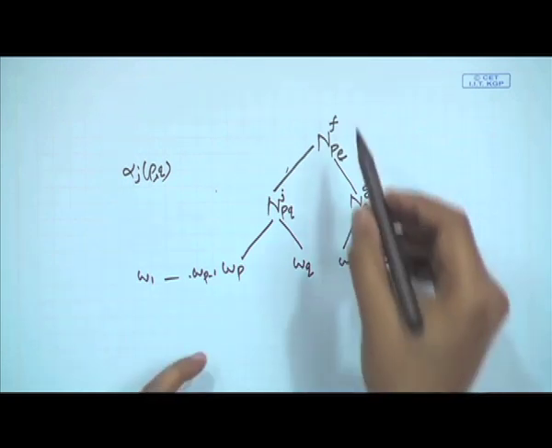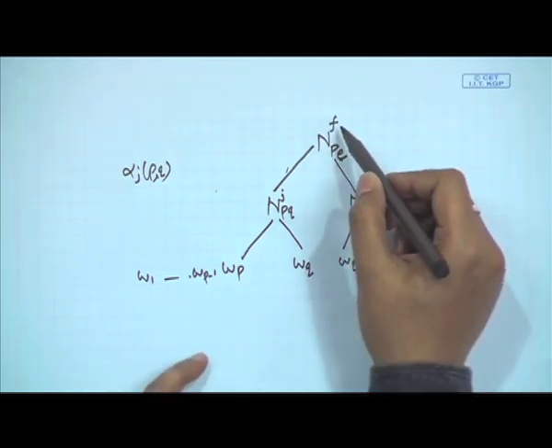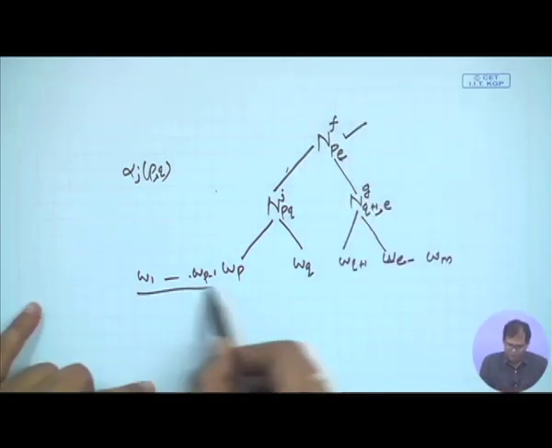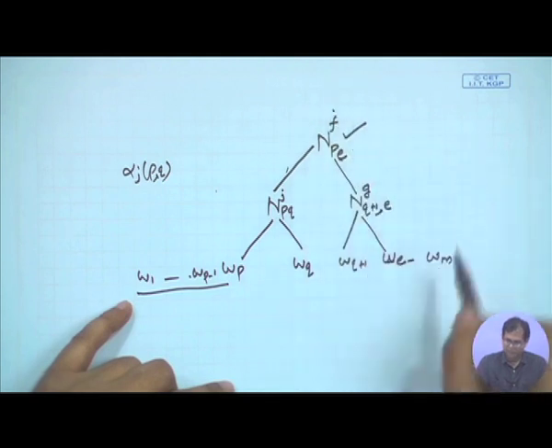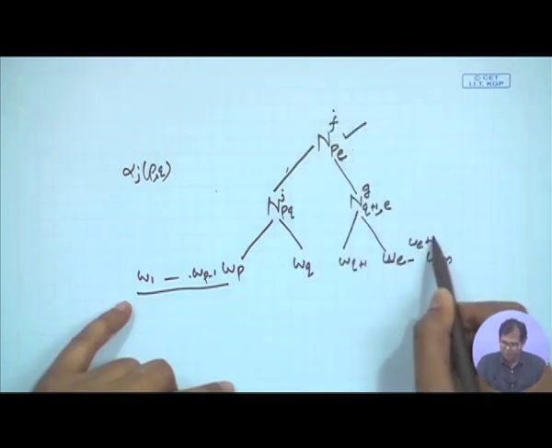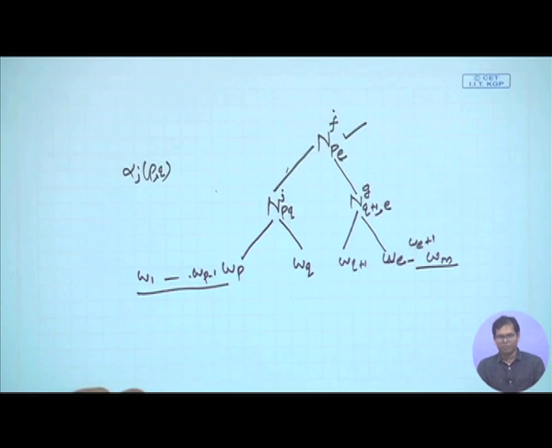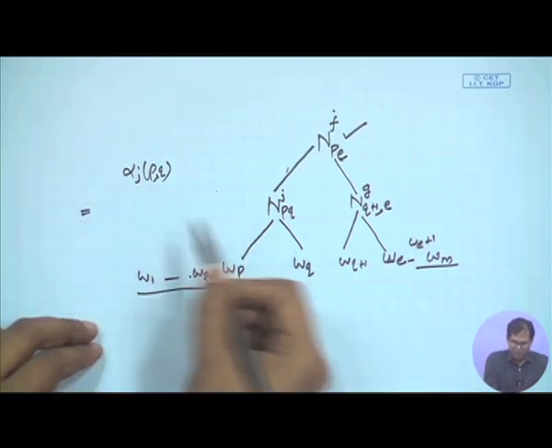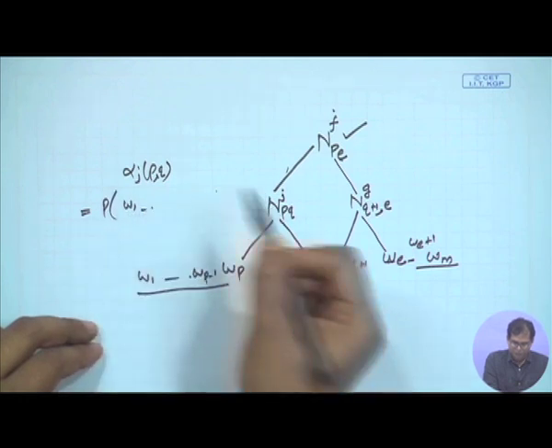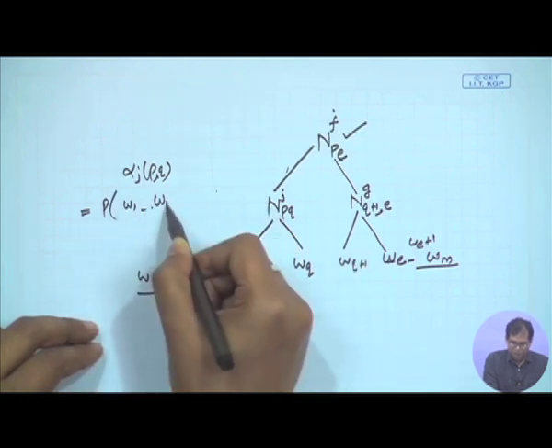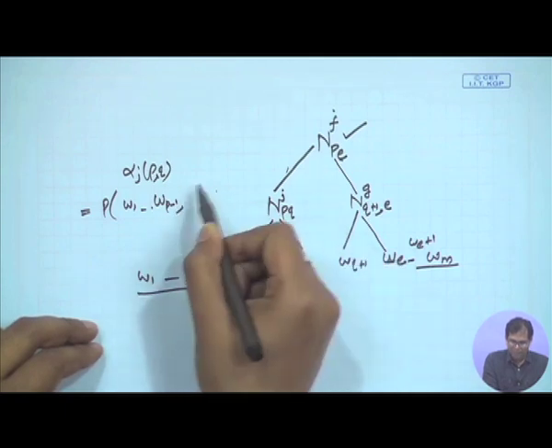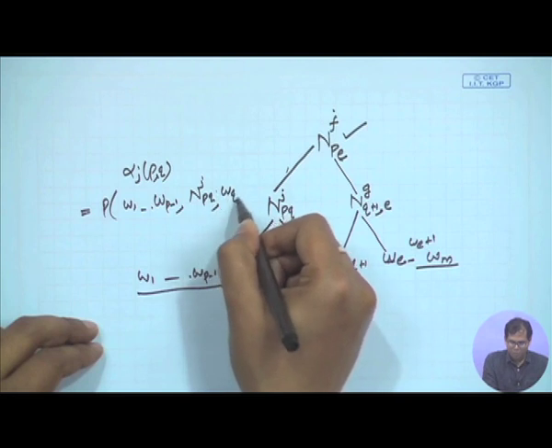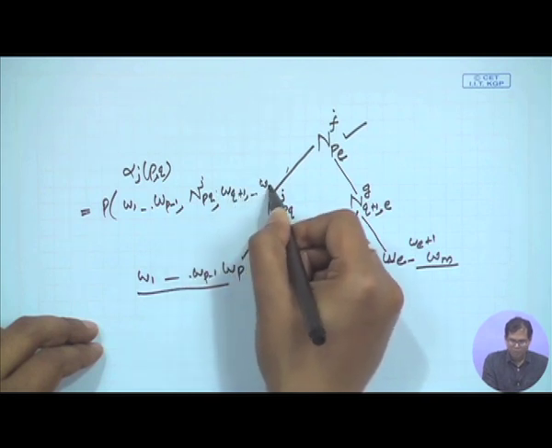Now I am doing it top down, so I have already computed this. That is the probability of this sequence, this, and we plus 1 up to m. This I have already obtained. Now what I have to obtain in alpha j pq is the probability of w1 to wp minus 1, and nj pq, and wq plus 1 to wm.